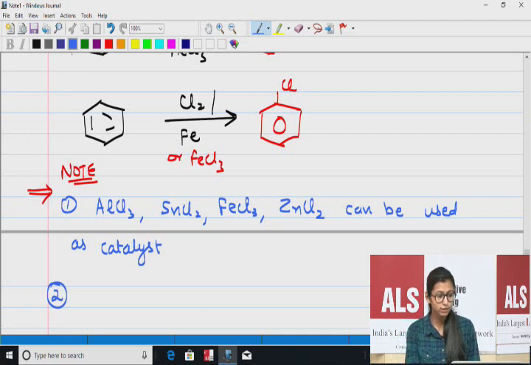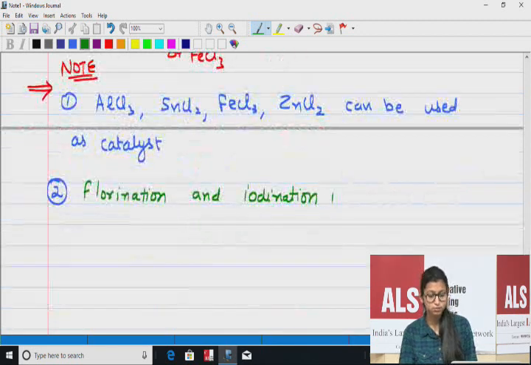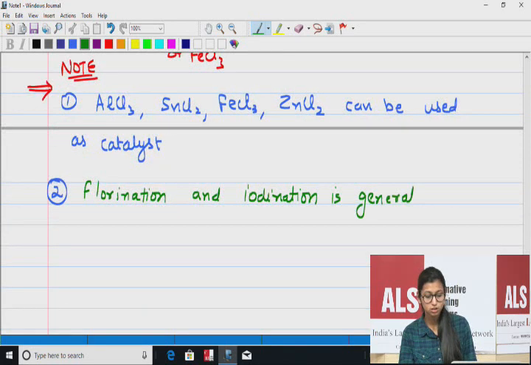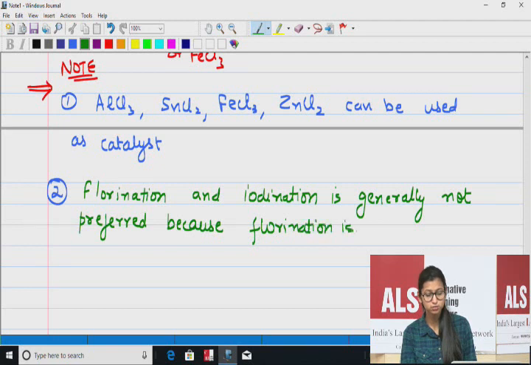So you can write that fluorination and iodination are generally not preferred, because fluorination is an explosive reaction and iodination is reversible.